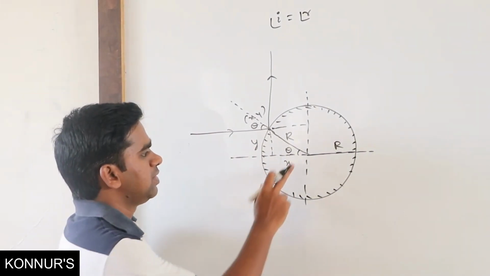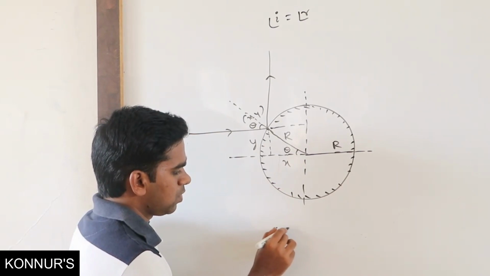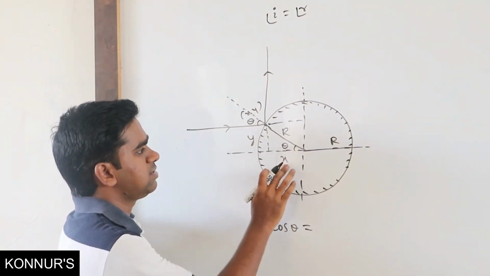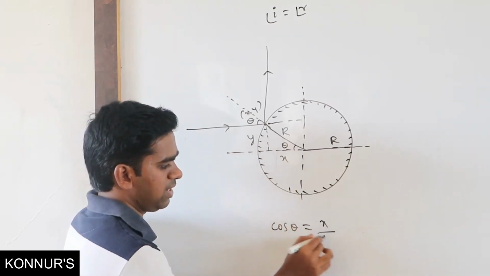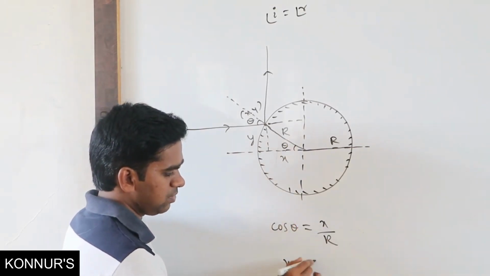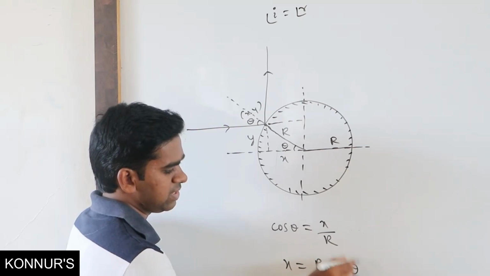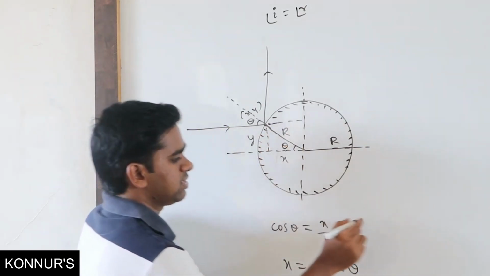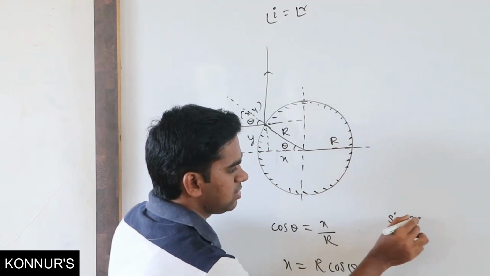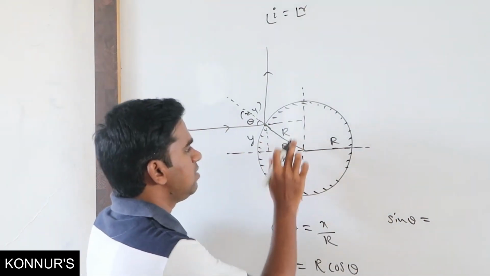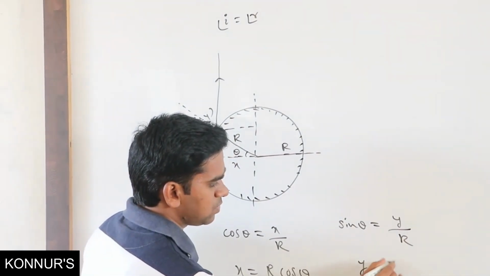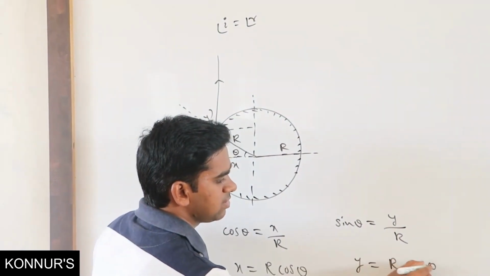Now take cos theta equals x divided by r, from this triangle, so x equals r cos theta. Similarly for y, take sin theta equals y divided by r, so y equals r sin theta.